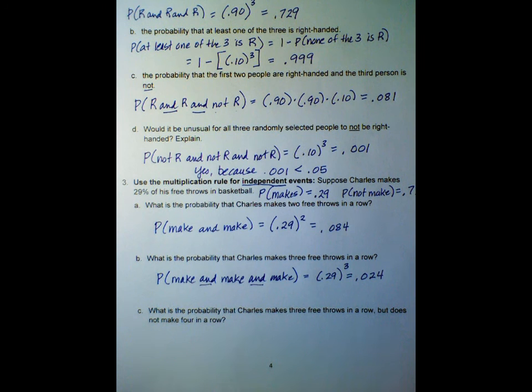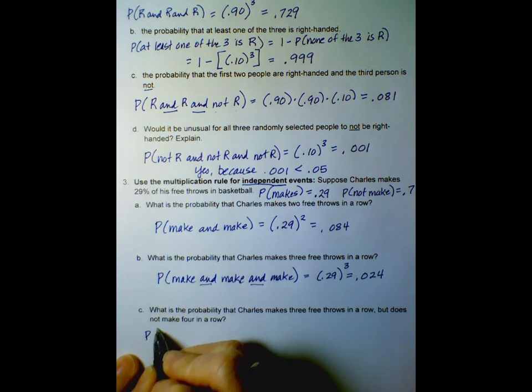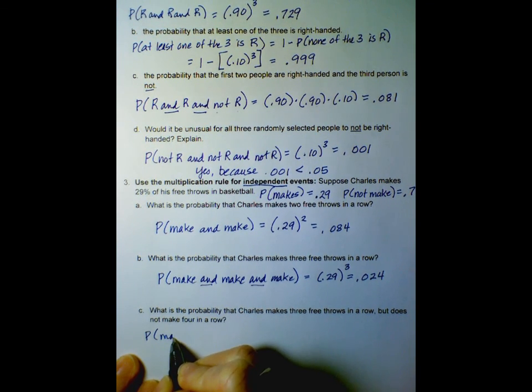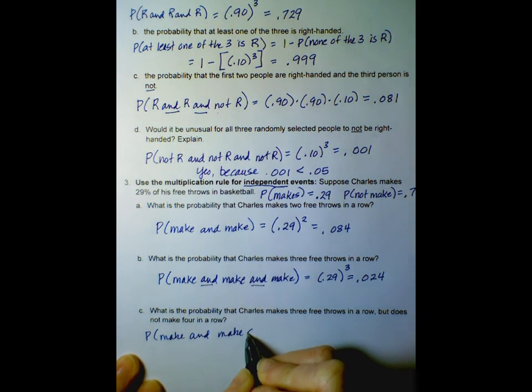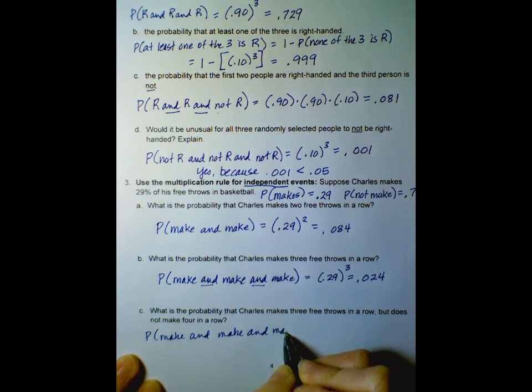All right, part C, our last part. What is the probability that Charles makes 3 free throws in a row, but not 4 in a row? Well, how does that happen? That would happen if he makes 3 in a row, make, and make, and make. There's the 3 in a row.